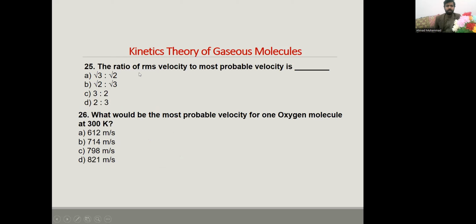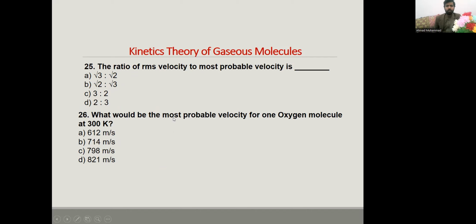Question number 25, the ratio of root mean square velocity to the most probable velocity is: A, root 3 ratio root 2; B, 2 root 2 ratio 3 root; C, 2 ratio 3; D, 2 ratio 3. So the right option is A, root 3 ratio root 2.